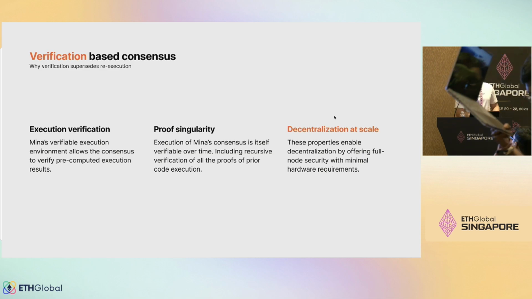And all of that leads into this model being able to do decentralization at scale, because we can fit as much computation as we want while still having these nice decentralization properties of being able to run full nodes with minimal hardware requirements, which enables a much bigger audience to actually run full nodes and participate actively.